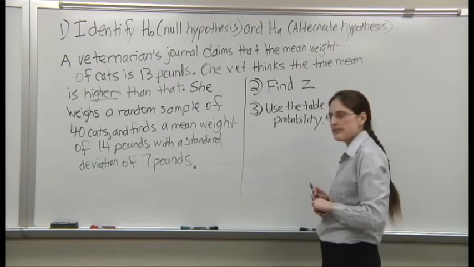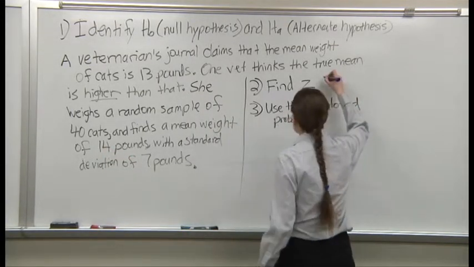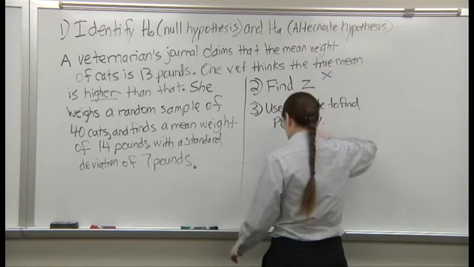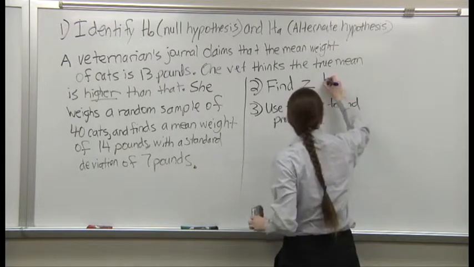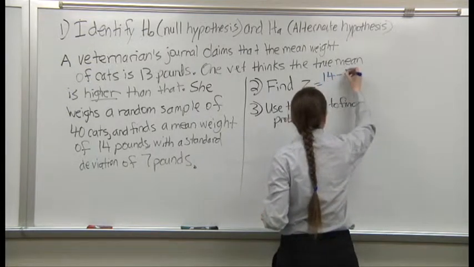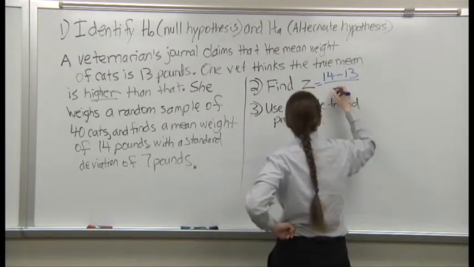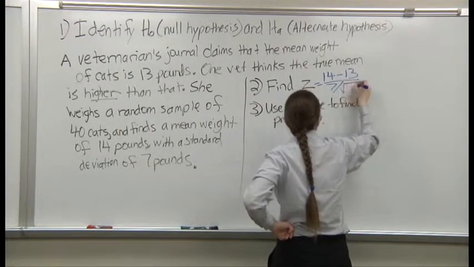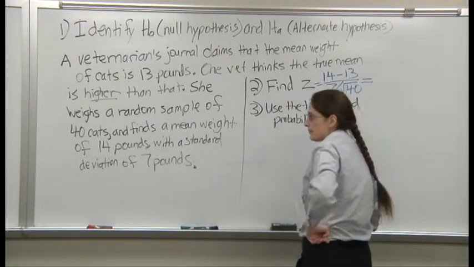What's your x bar? 14. Standard deviation is 7, and the number of cats is 40.